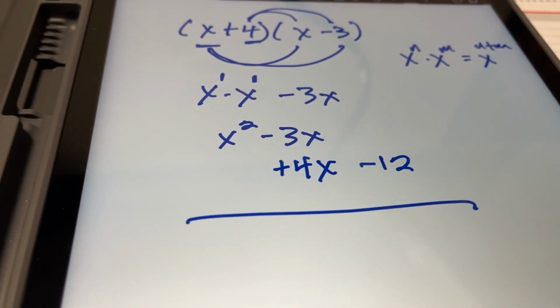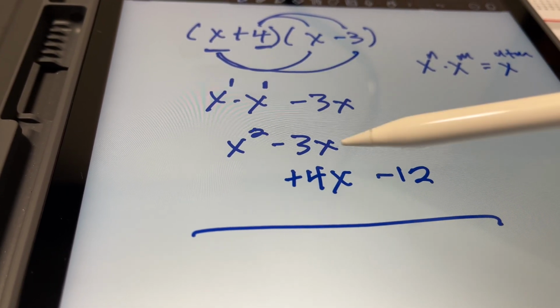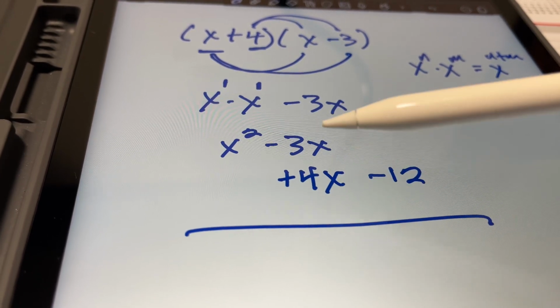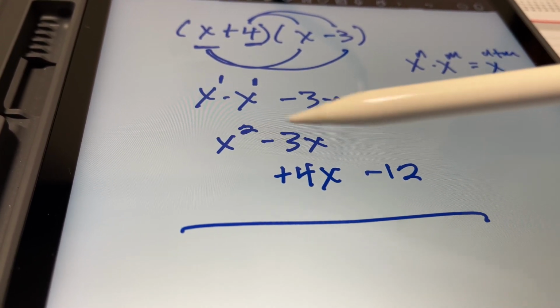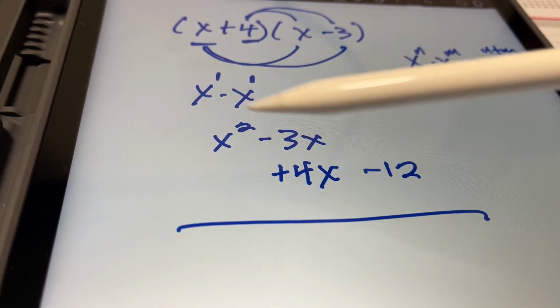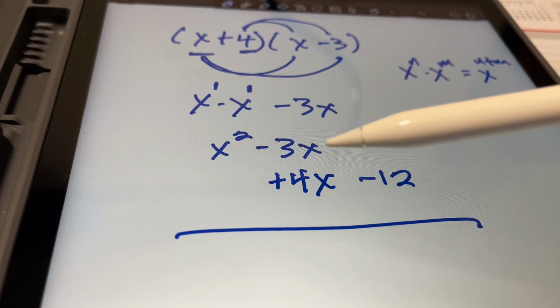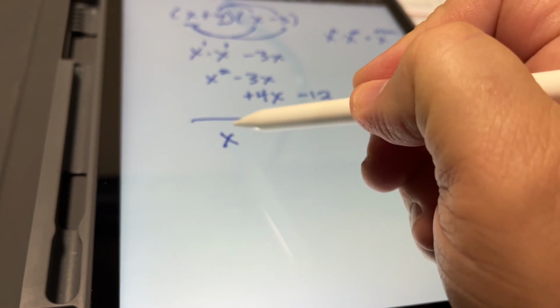So notice the way I grouped that. x squared is not really a like term with these, because remember, like terms have to have the same letter and be raised to the same power. So since this is x squared and these are just x's, they can't all be combined together, but these two can. They're both x's.